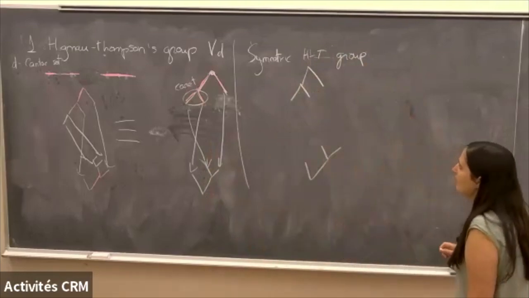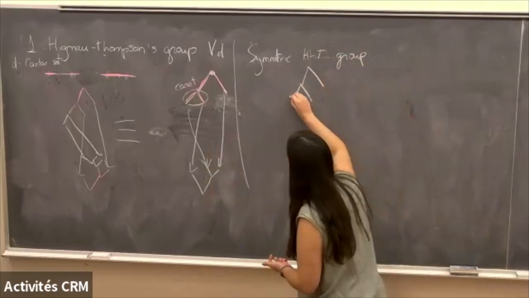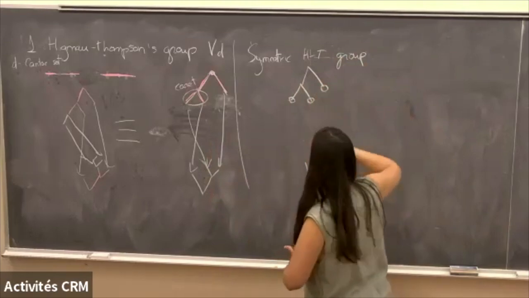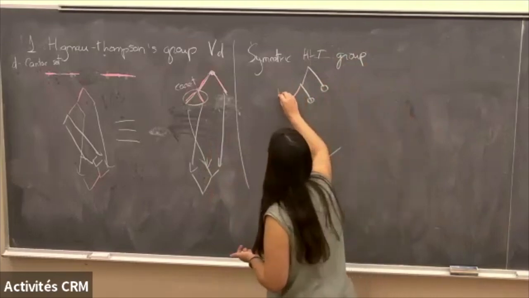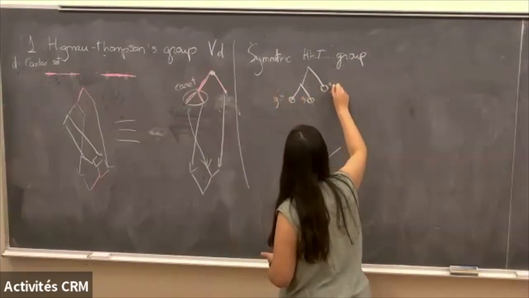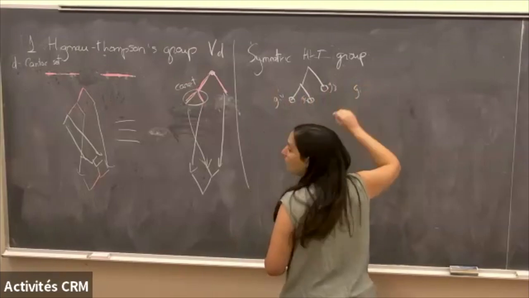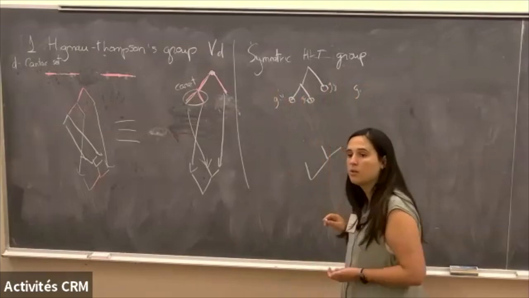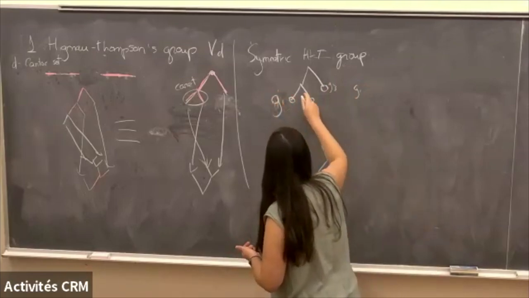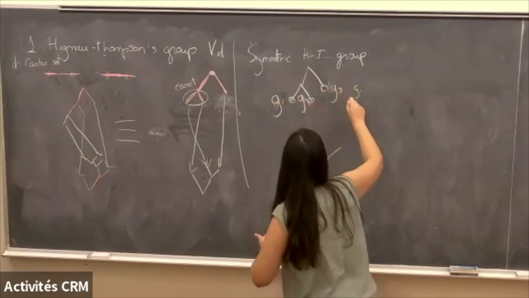We have our trees, but we also have labels in our leaves, and these labels, say g1, g2, g3, are elements in the symmetric group. It's not really important.